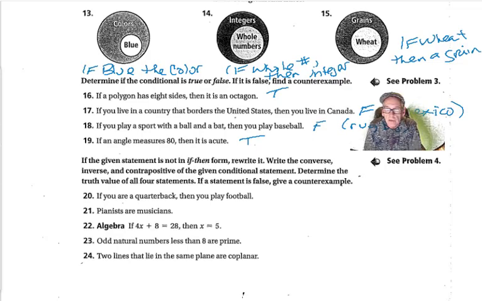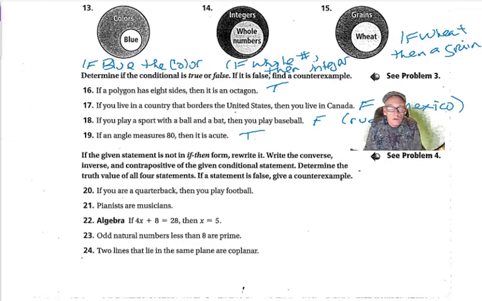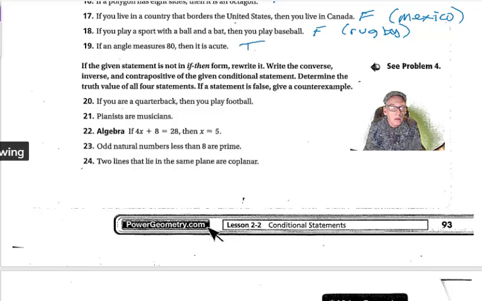If the given statement is not in if-then form, rewrite it. Write the converse, inverse, and contrapositive. Determine the truth value. Okay, there's a lot to these, so let's see what we can do. So it's in the if-then form. Here's the hypothesis, quarterback, conclusion, you play football.